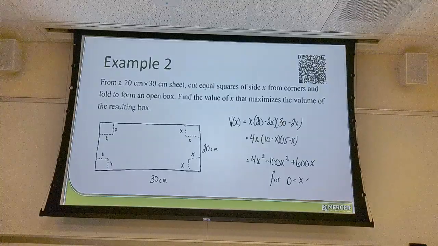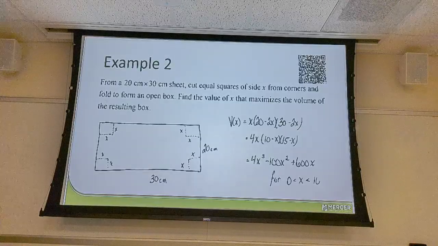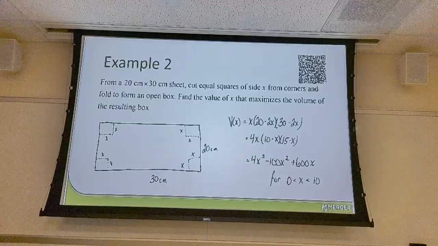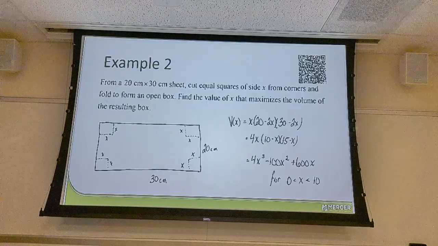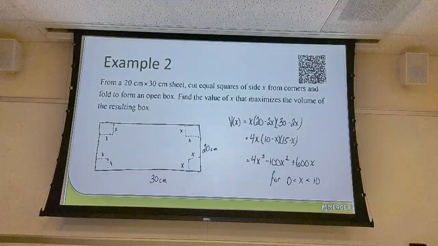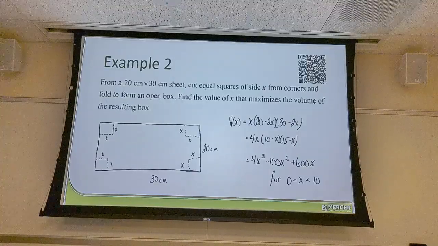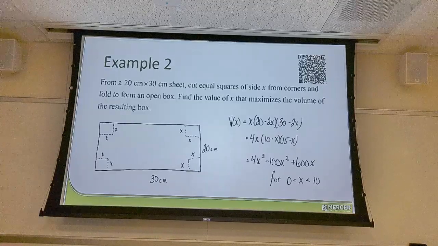And what is the upper bound for x? 10. Right, because 10 would cut this in half. There's our function, there's our domain. Now it's time to optimize.